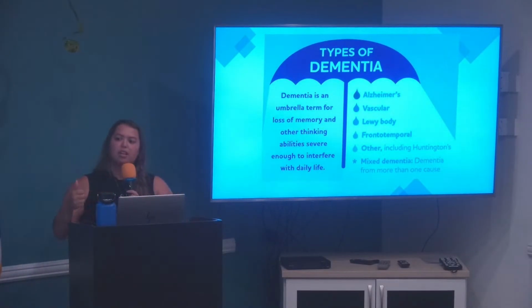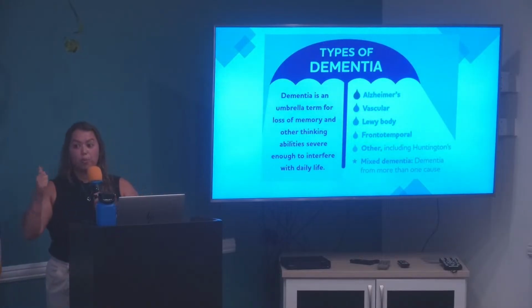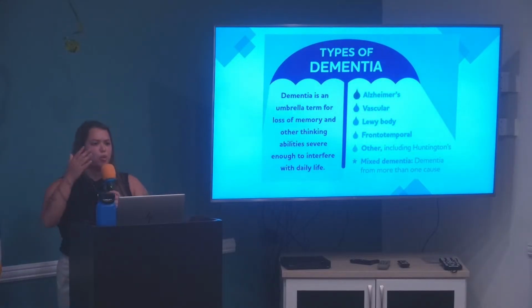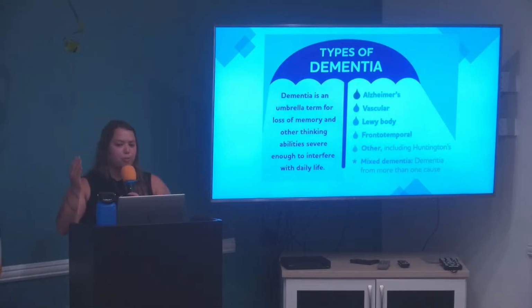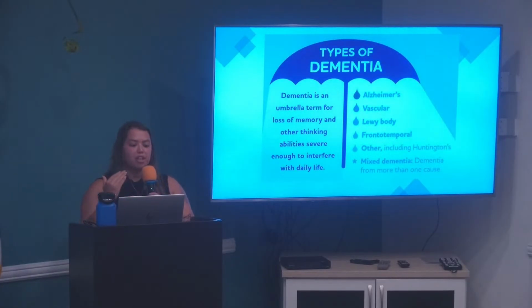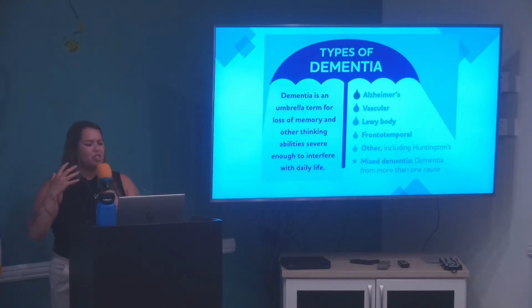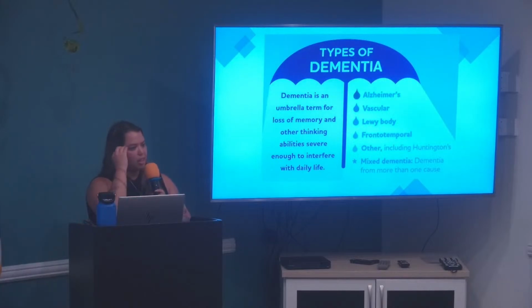Alzheimer's is the number one culprit of the onset of dementia in the United States and globally. Vascular dementia, Lewy body dementia, frontotemporal dementia all fall underneath that umbrella, but dementia itself is just if you have loss of memory or thinking abilities that interfere with your daily life.